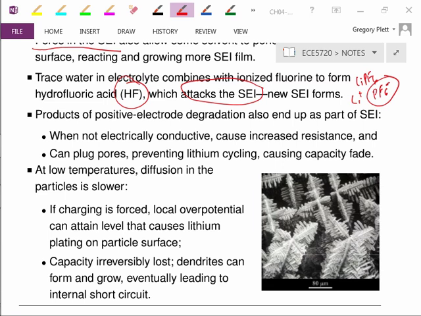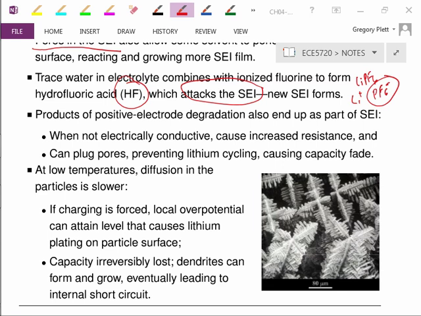We're going to talk also about how the positive electrode ages, but some kinds of positive electrode aging result in deterioration of the material. And so, for example, in an LMO material, lithium manganese oxide, we could have manganese ending up in the electrolyte, and manganese is small enough to go through the separator and to land on the negative electrode particles, and they can be part of the SEI.